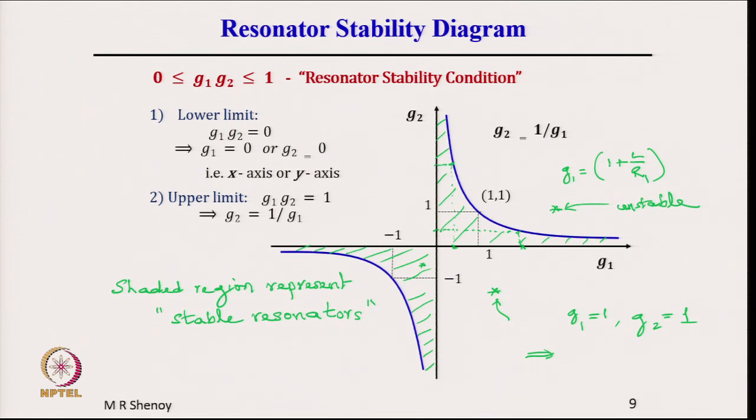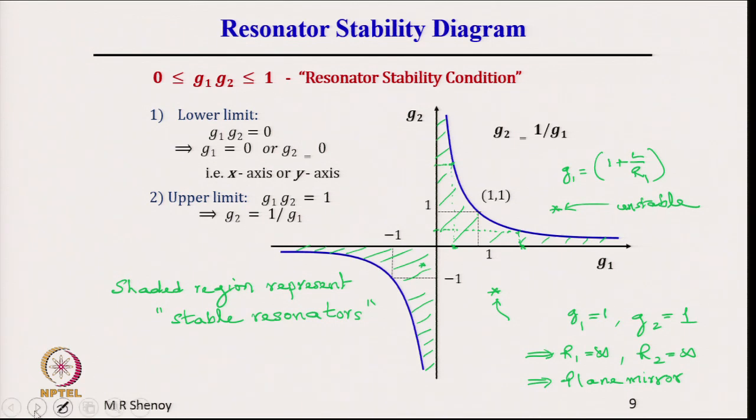That means R1 is equal to infinity and R2 is equal to infinity. What is infinity? This implies these are plane mirrors. A plane mirror resonator. So, the 1, 1 point here represents a plane mirror resonator which is right on the edge of the stable region.